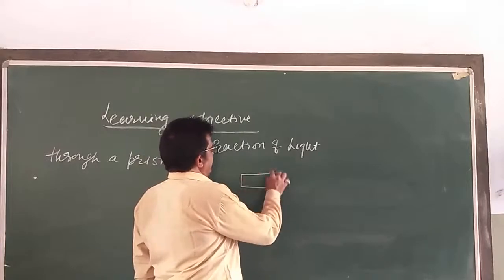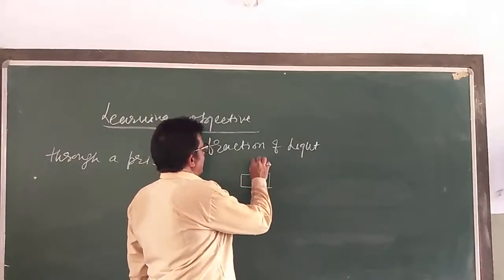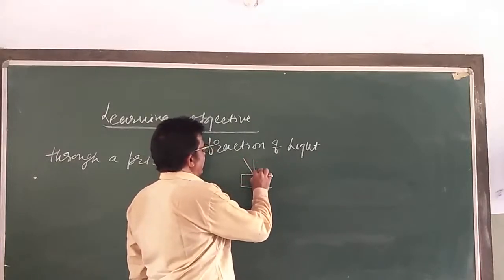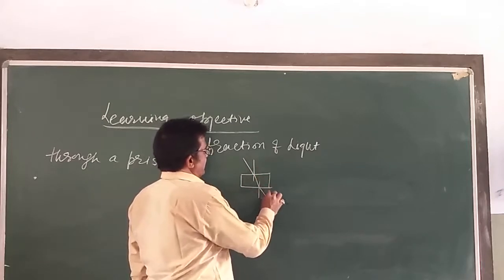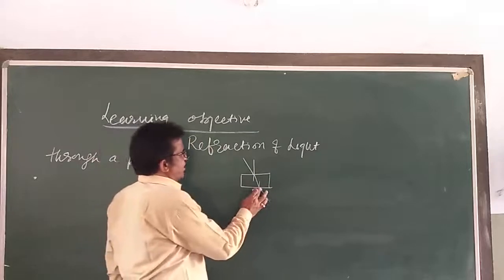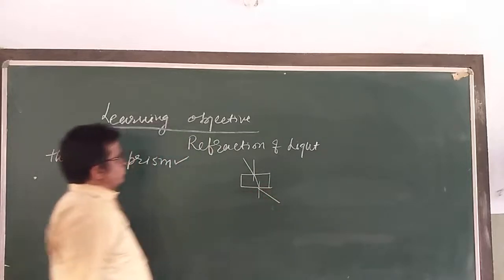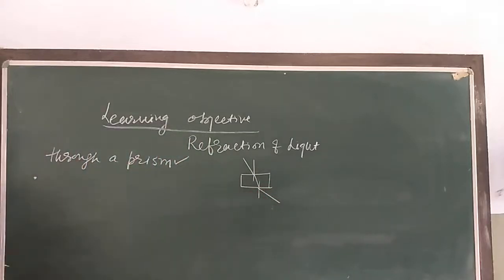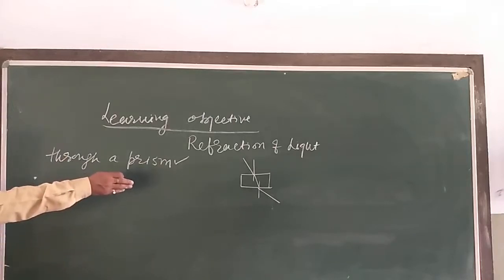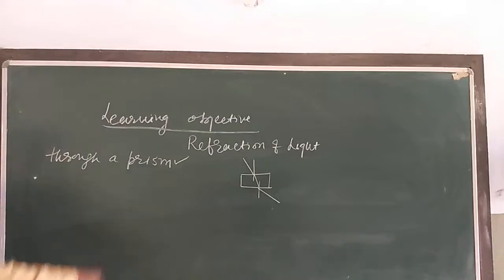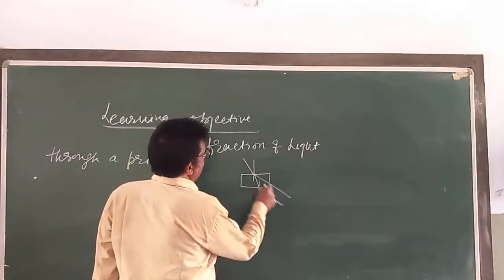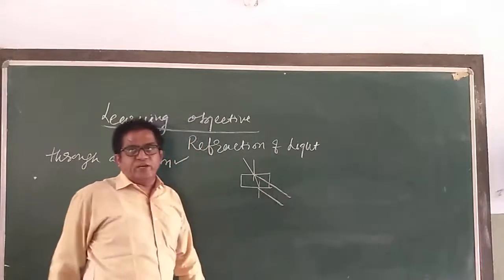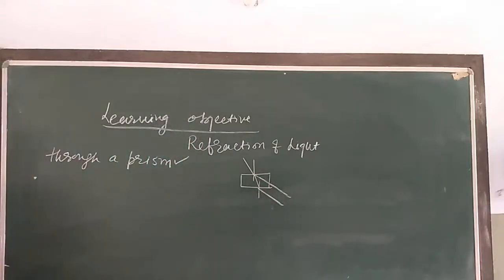Suppose this is the slab. One refraction is here, then another refraction is here. So in a glass slab we saw 2 refractions, and the ray emerges from the other surface of the slab in a direction parallel to the incident ray. This we have studied. Parallel to the incident ray, that we had seen.